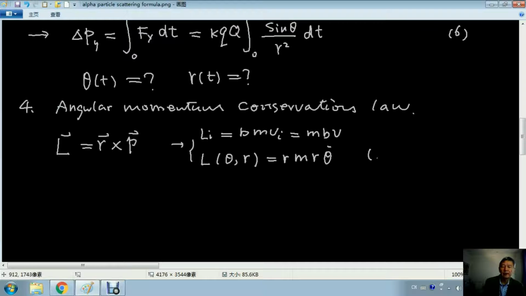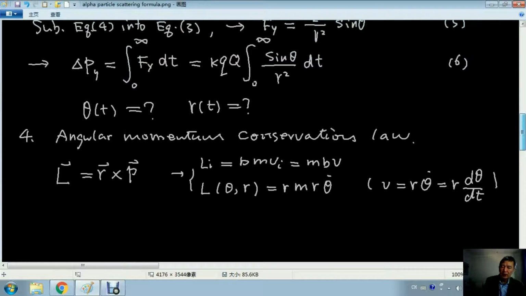Here we have used a formula that the linear velocity can be written in the polar form, where theta prime actually represents d theta dt. Can you see theta appear again in this formula for angular momentum?